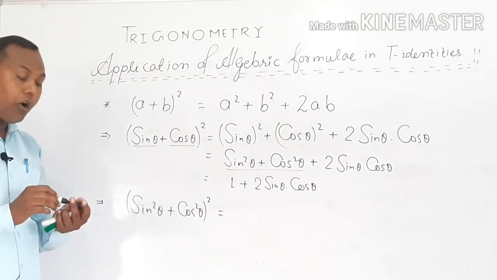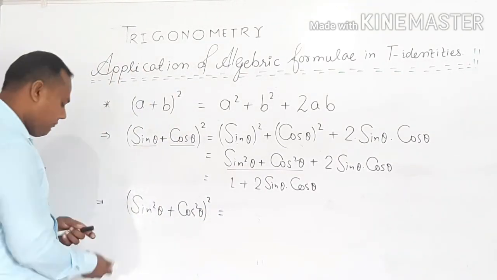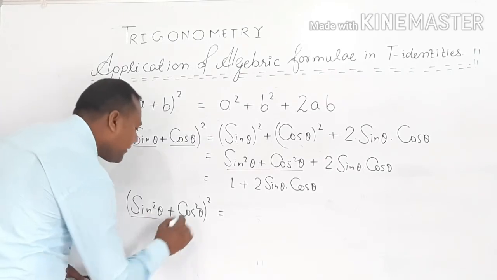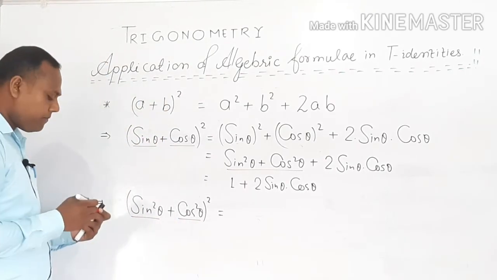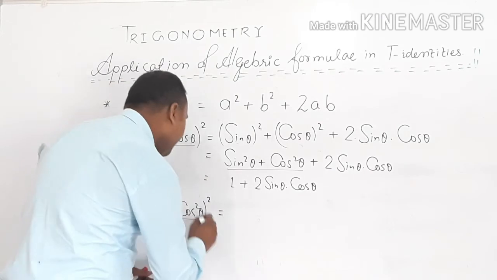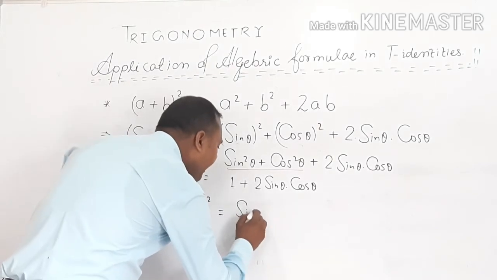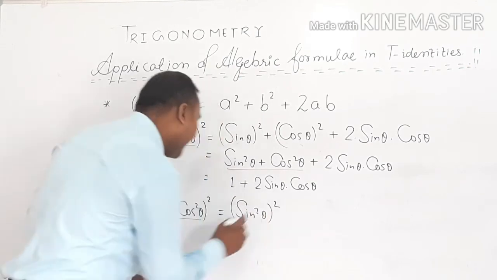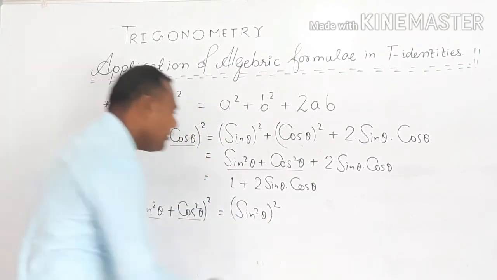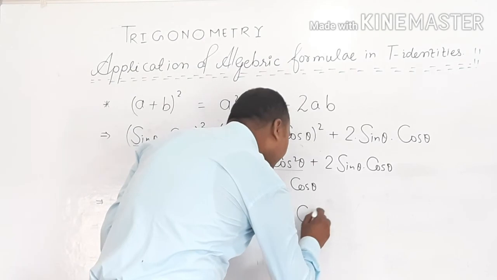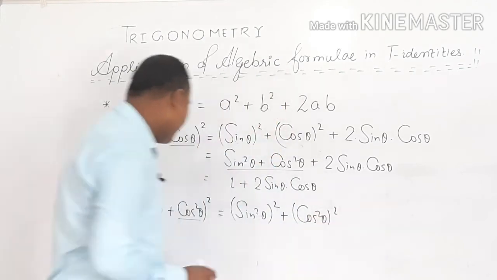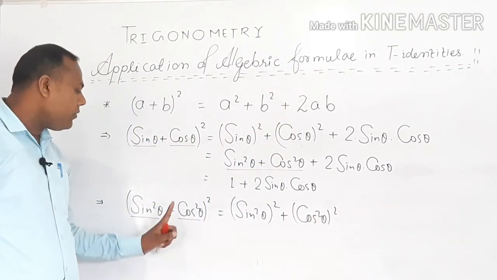We always remind it, this is the first term and this will be the second term. So we can break it: sine square of theta the whole square, that means first term the whole square, plus cos square of theta the whole square. Because the second term is cos square theta.